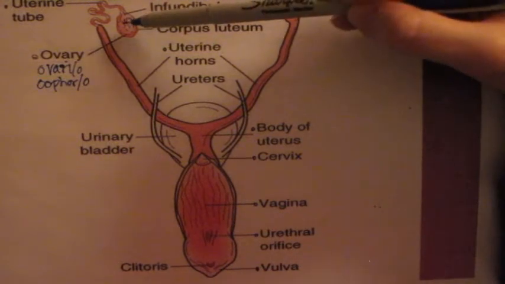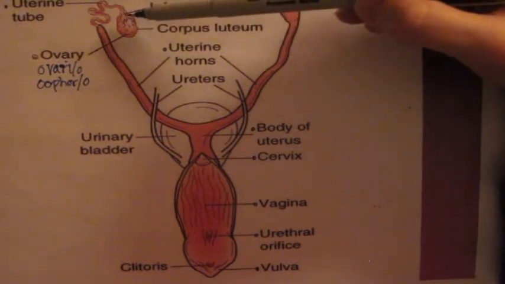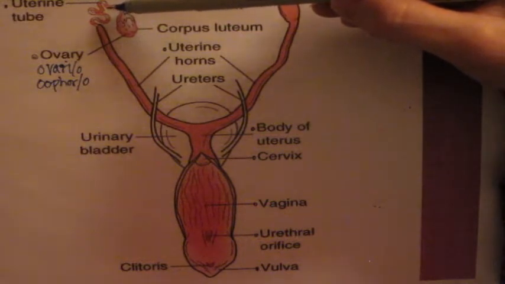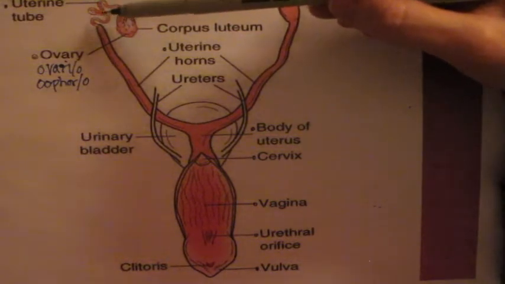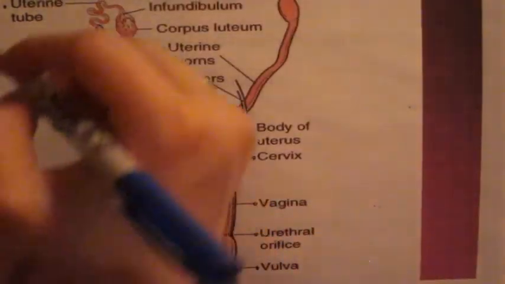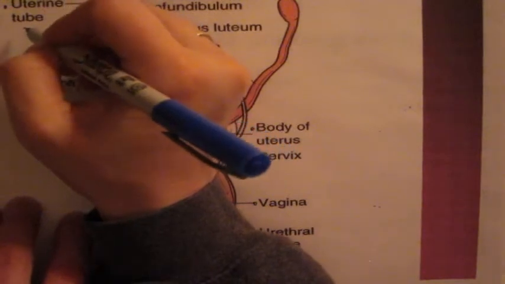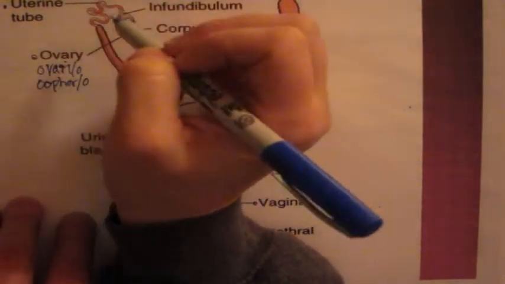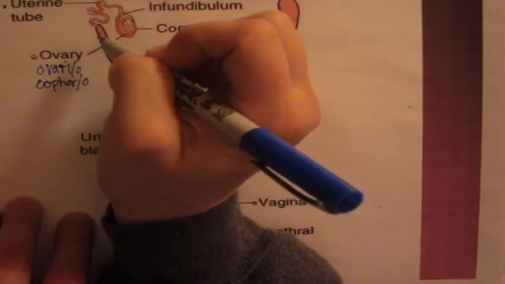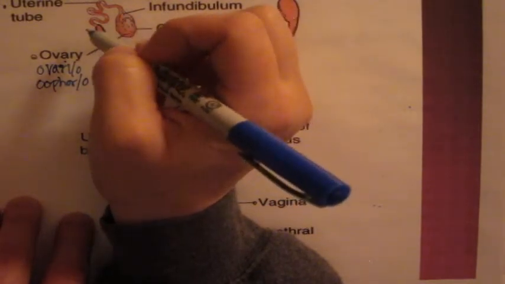From the ovary, an egg is released and travels into the infundibulum and into the uterine tubes. This is actually where they are met by sperm, and fertilization occurs in the uterine tubes. The term uterine tube is the tube that carries ova from the ovary to the uterus and transports sperm.